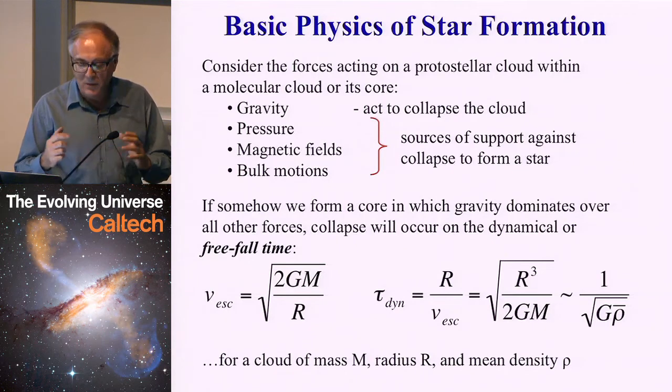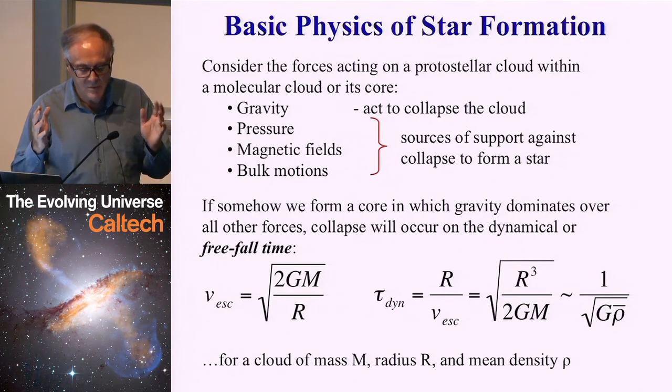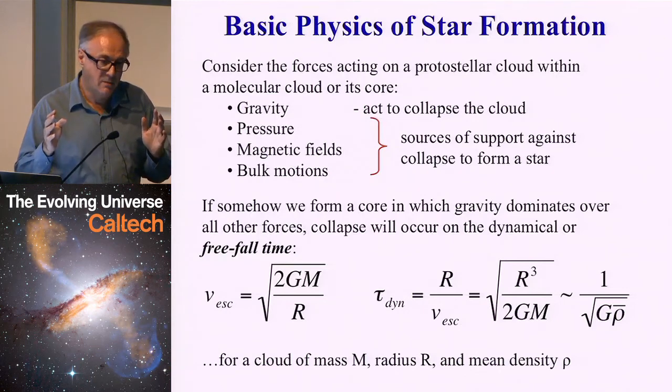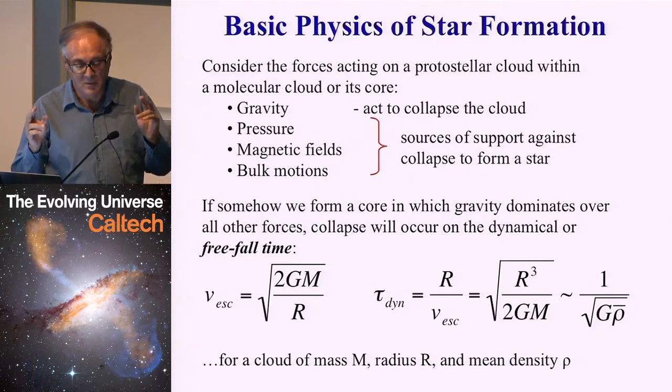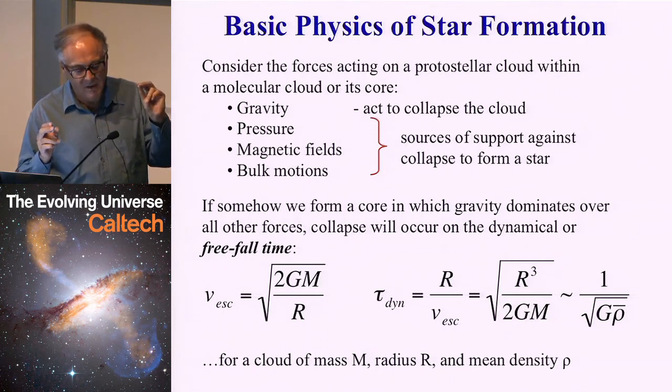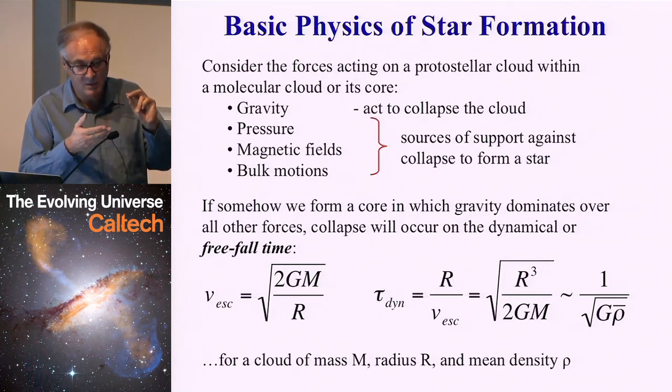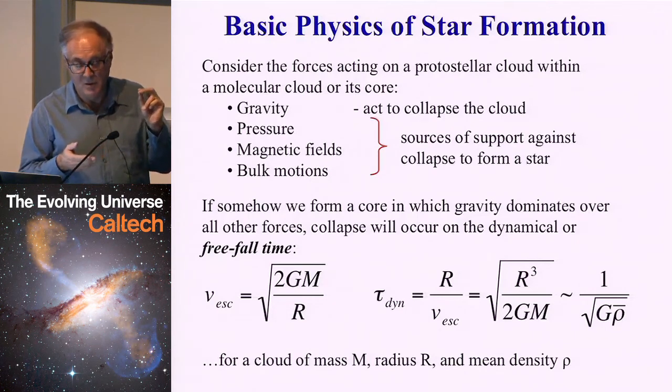And so if you have one of these clouds, which is sufficiently dense to collapse, it collapses according to the free fall time scale, which is, if you were to drop something at the outermost shell, how long will it take to come to the middle? And because the inner shells are accelerated more, there are no shell crossings.